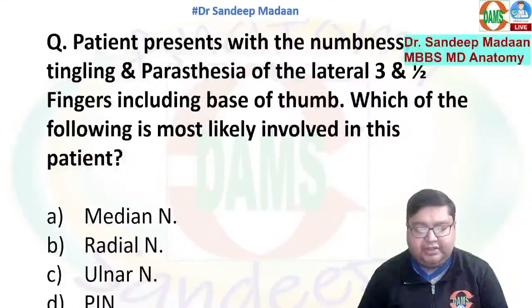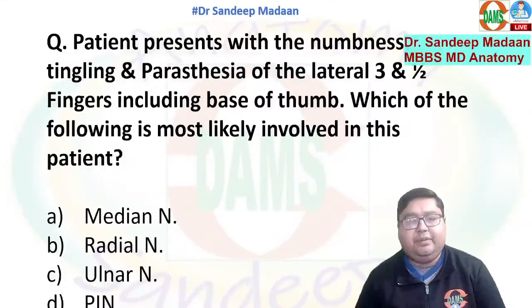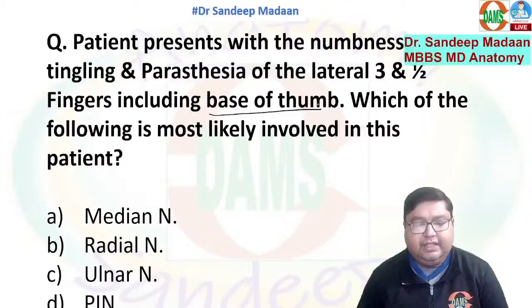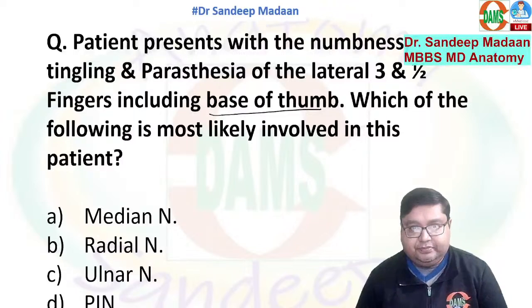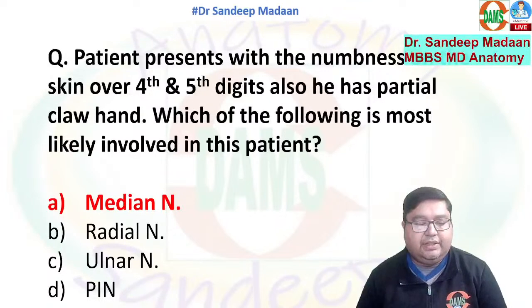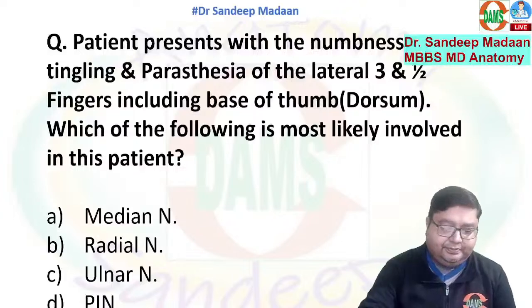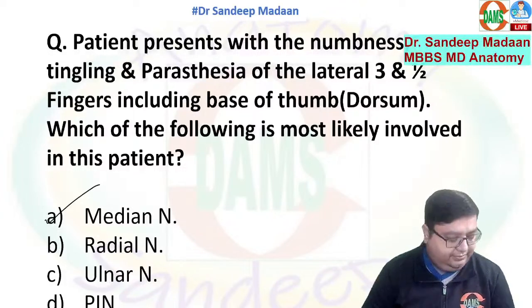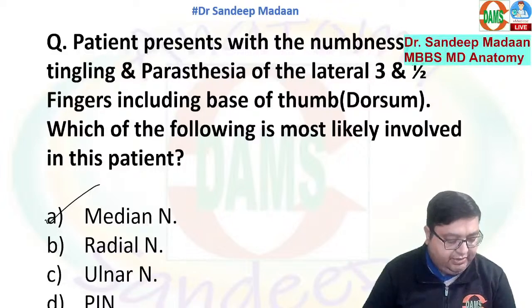Now this question, the patient was having numbness, tingling, paresthesia on lateral 3.5 fingers, including base of thumb. In that case, we will say answer is median nerve only. It is nothing but carpal tunnel syndrome.